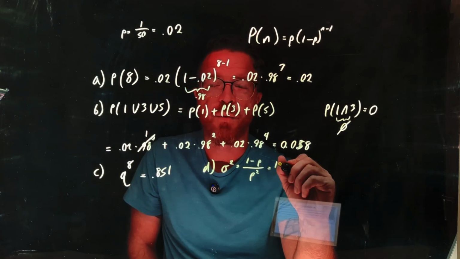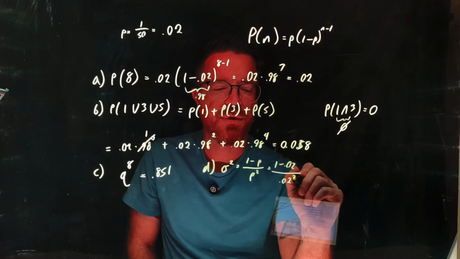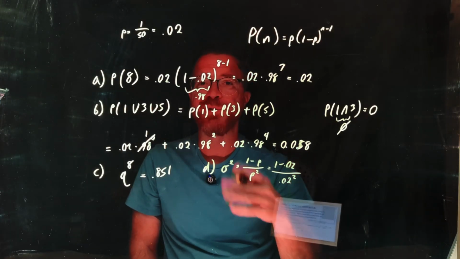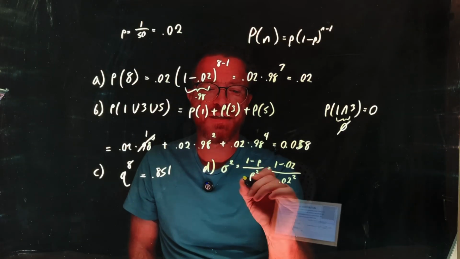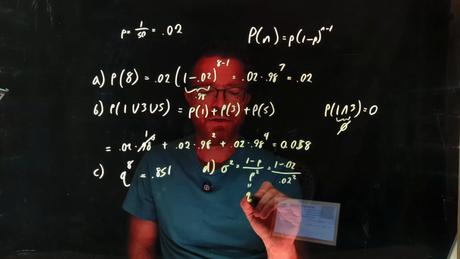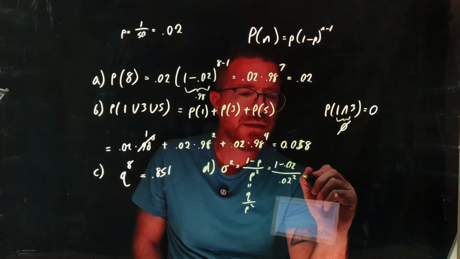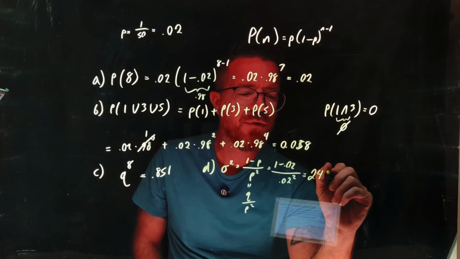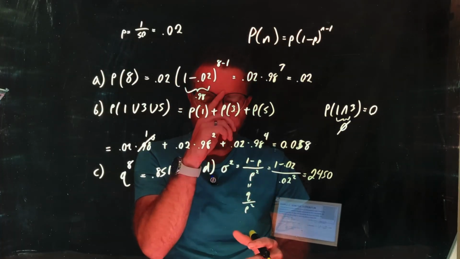This is going to be 1 minus 0.02 divided by 0.02 squared. Of course, 1 minus 0.02 is just your probability of failure. So actually, you could think of this, if you wanted to, as q over p squared. But regardless, this gives us 2,450.